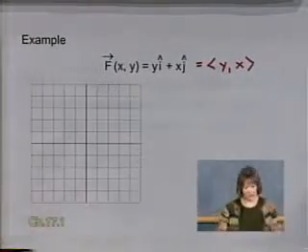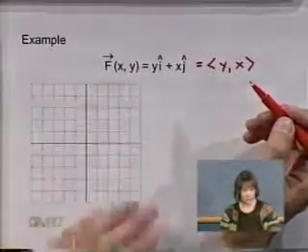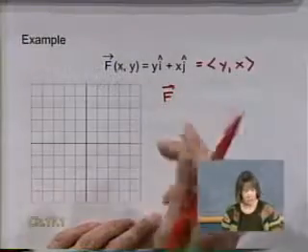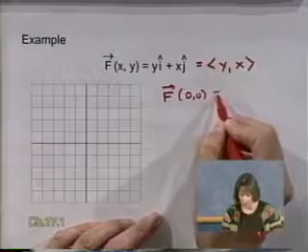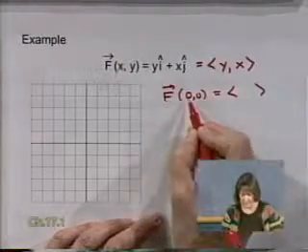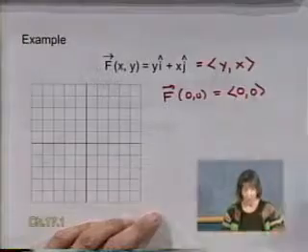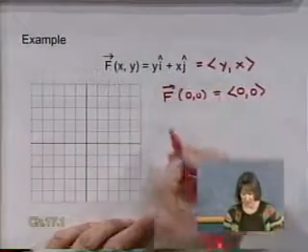All right, so let's just find out some of the values of this function, like f. And notice I put a little bar over it because the value of the function is a vector. F of 0, 0 would be, since x is 0, the y coordinate is 0, and since y is 0, the x coordinate is 0. Okay, because notice it's yi plus xj.